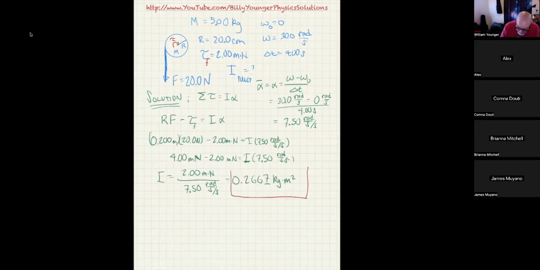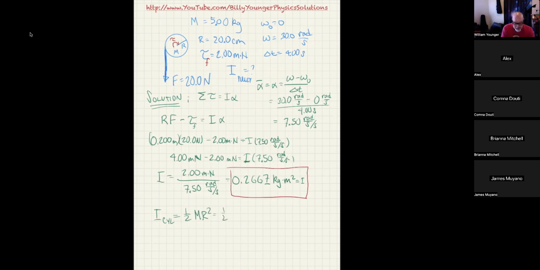Now, a typical pulley is often like a more or less like a cylinder. So I should, given that I know the mass of the pulley is 5 kilograms and the radius is r equals 20 centimeters, I could see if this is a reasonable answer. So I'm going to do that. What I found out when I did a cylinder is that I for a cylinder is equal to 1/2 mr squared.